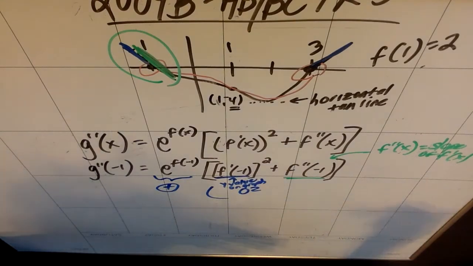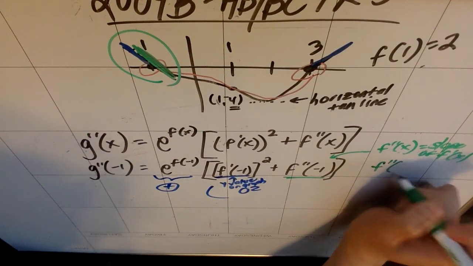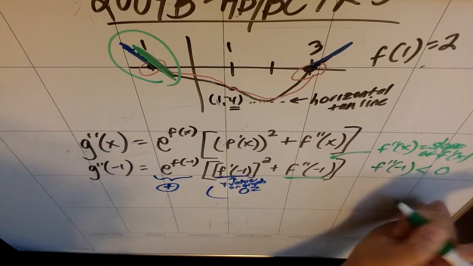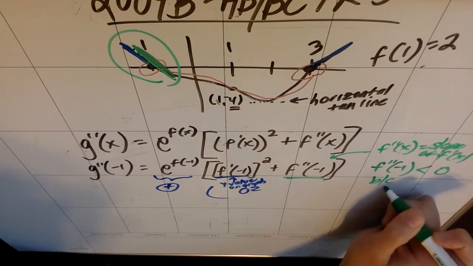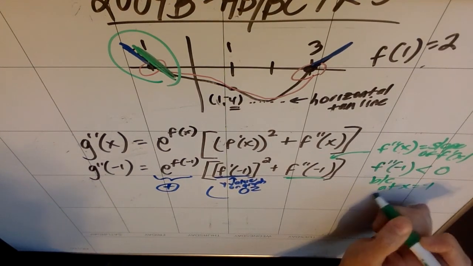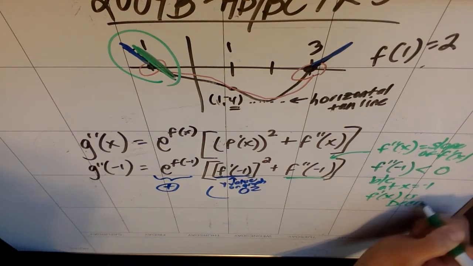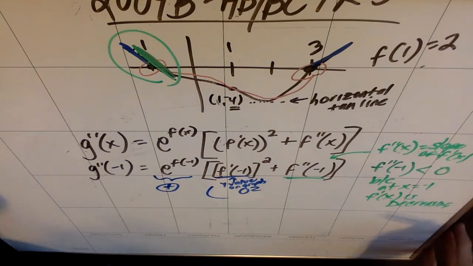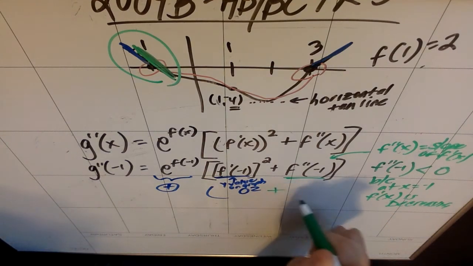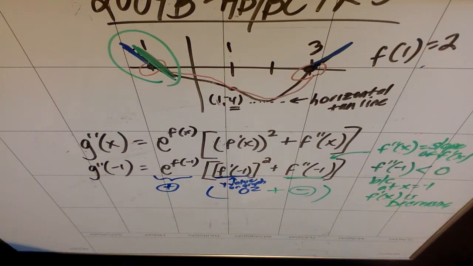It is angled downward. So f double prime of -1 is less than 0, because at x equals -1, f prime of x is decreasing. It's going downhill. So this guy is a negative number.